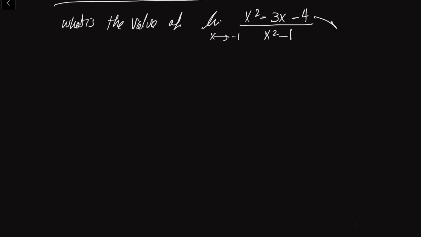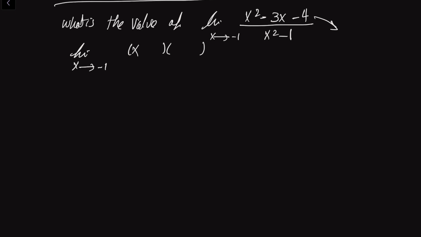Okay, so let's factor the numerator and the denominator here. So we're going to say the limit as x approaches -1.